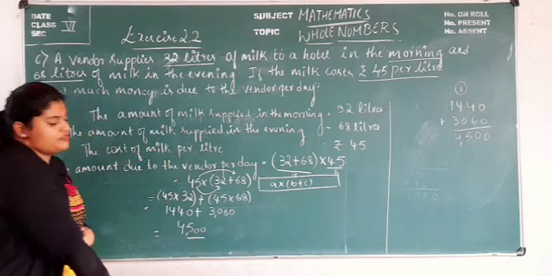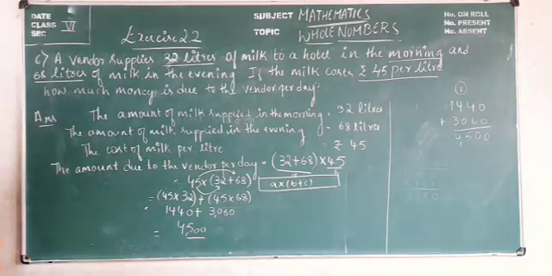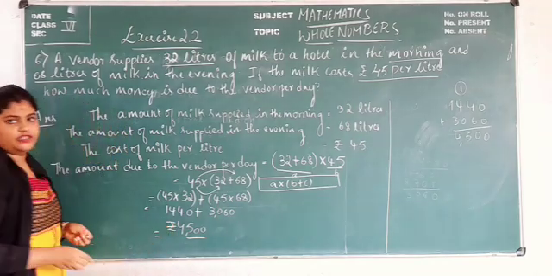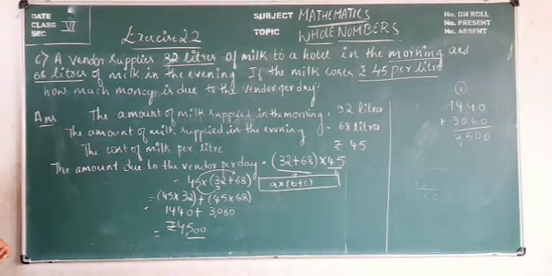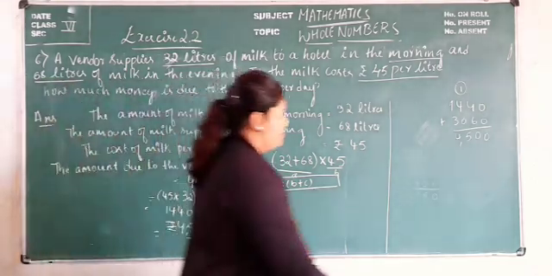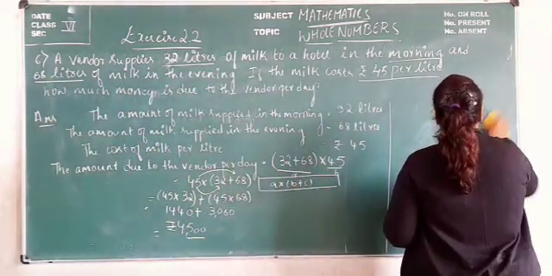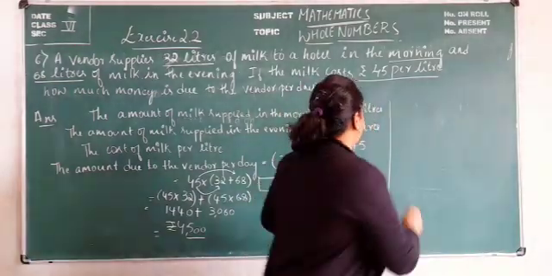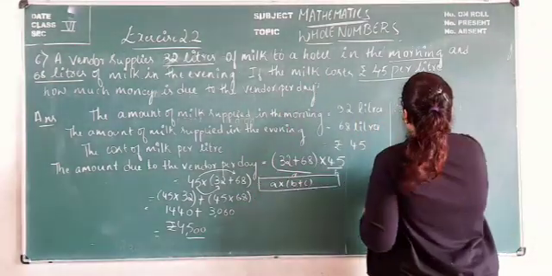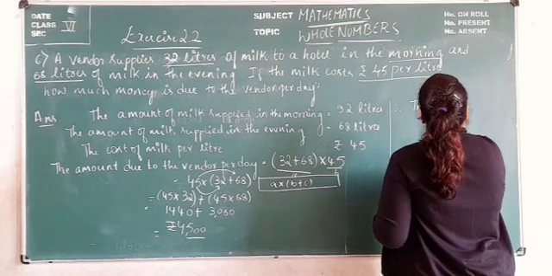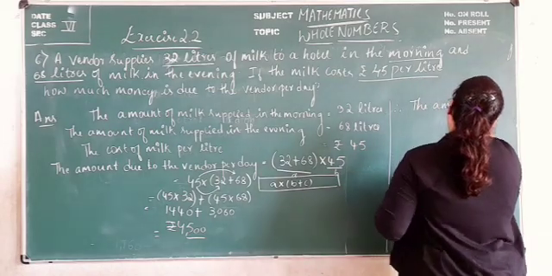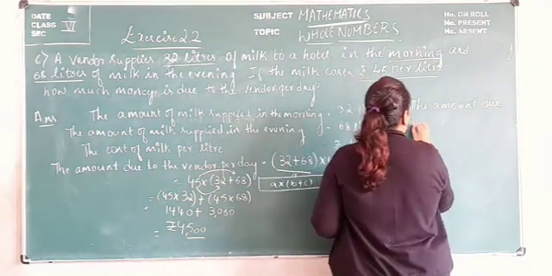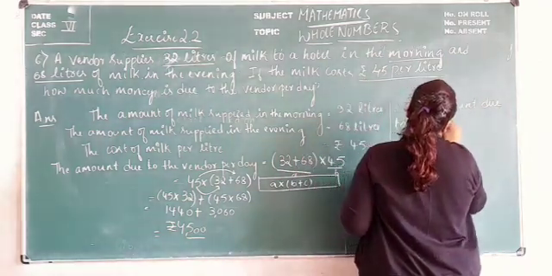What is this 4500? Yes, the total amount which is due to this vendor, that is 4500 rupees. Therefore the amount due to the vendor.